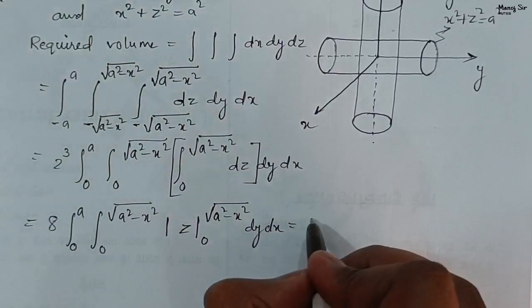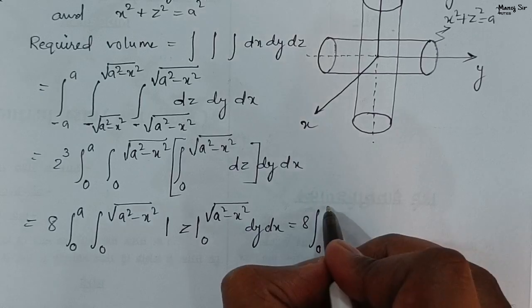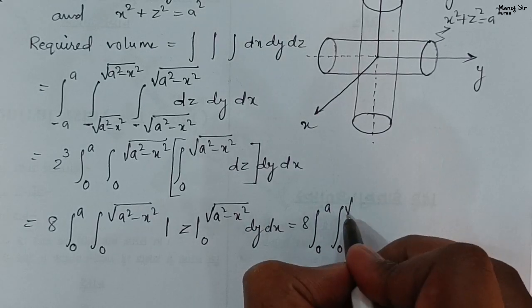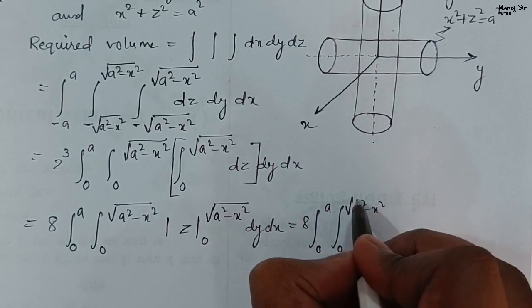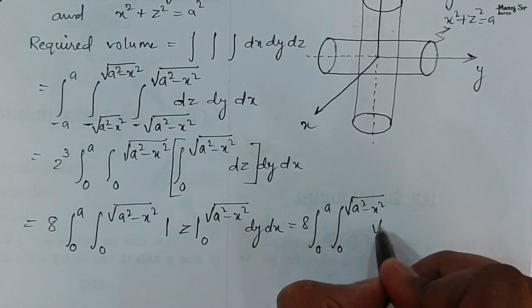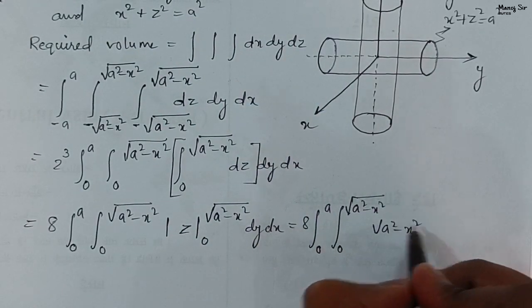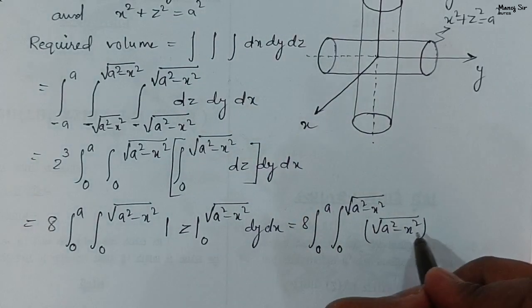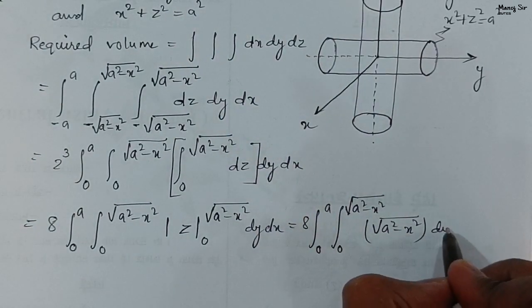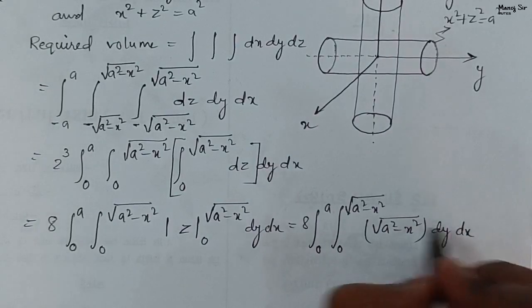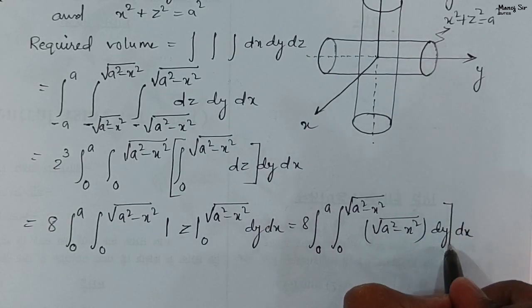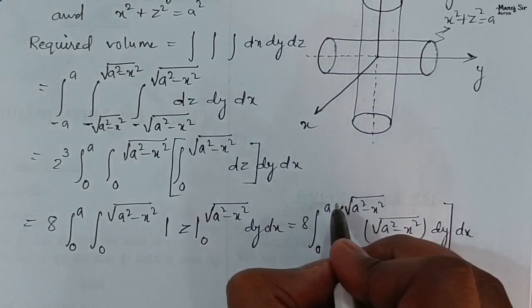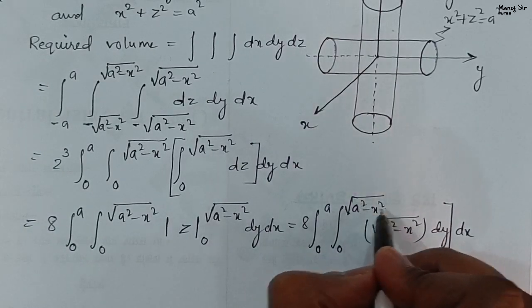Now again we can rewrite this as 8, 0 to a, 0 to root over of a square minus x square, and this is root over of a square minus x square. Okay, lower limit is 0, so no need to write this. Now again we can write dy dx. So again we will integrate this function with respect to y, whose limit goes from 0 to root over of a square minus x square.